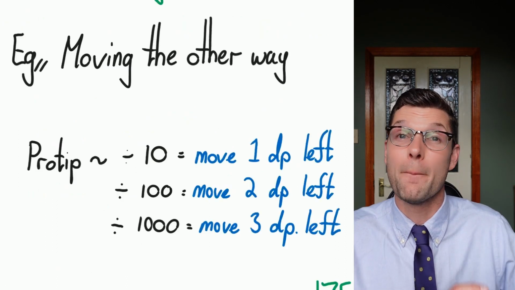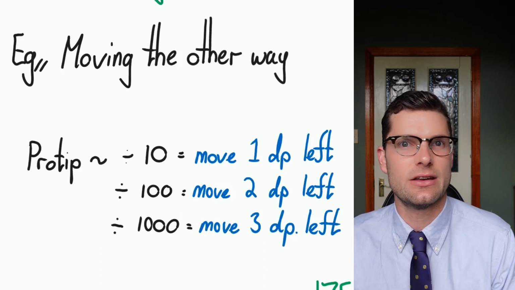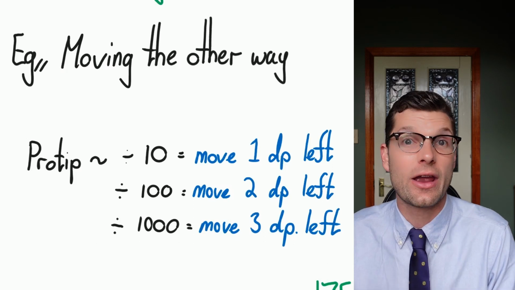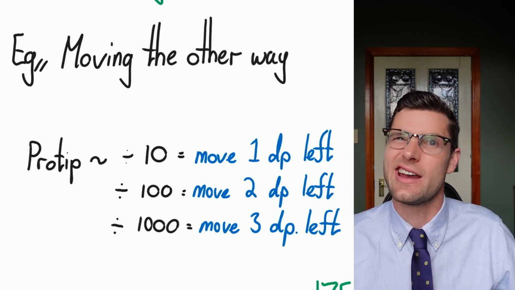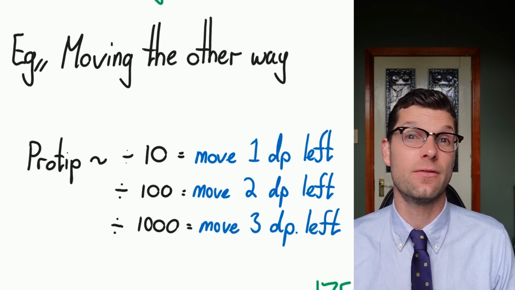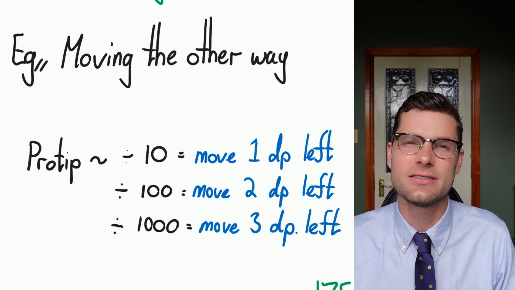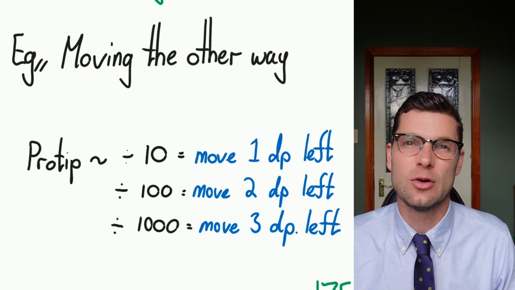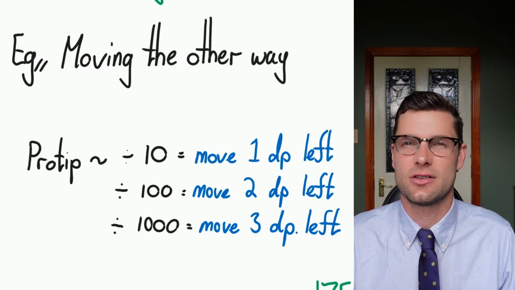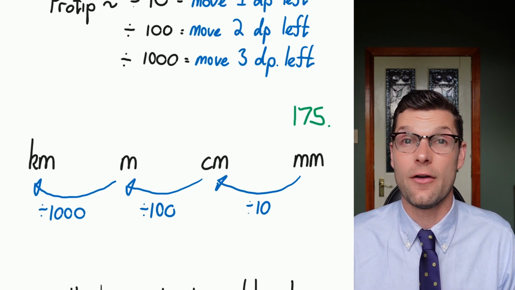So that was going from big units of measurement, or kilometers, down to meters, centimeters, and millimeters. We're also going to have to go from millimeters and work out what that is in kilometers. Again, this time instead of multiplying by 10, we're going to have to divide by 10. So when we move by tens, hundreds, and thousands, it's still just moving the decimal place, either 1 spot, 2 spots, or 3 spots. In this example, I've measured something as 175 millimeters.